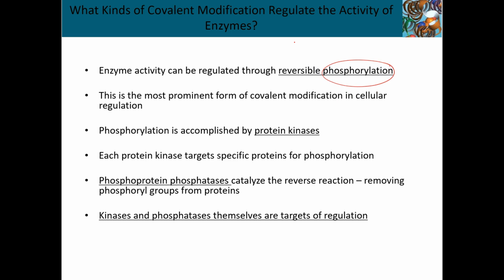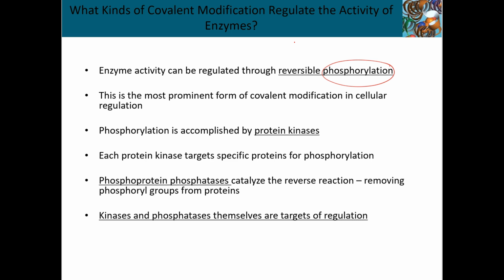So proteins can, depending on the enzyme and protein, be regulated through single phosphorylation events or many, many phosphorylation events. And the degree of phosphorylation is often like a rheostat that slowly turns up or slowly turns down a protein's degree of activity.